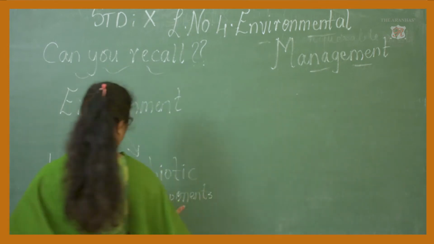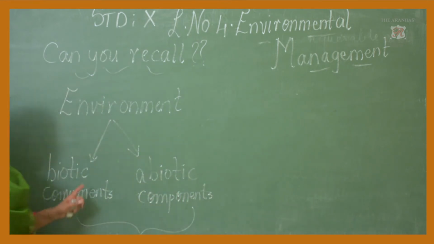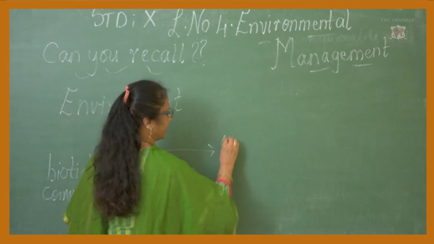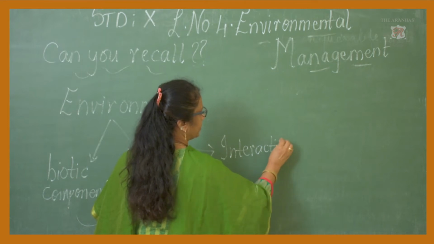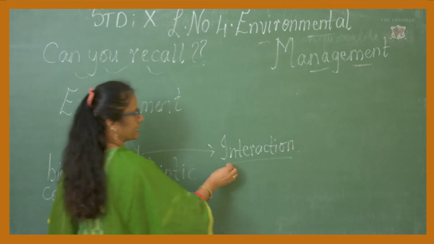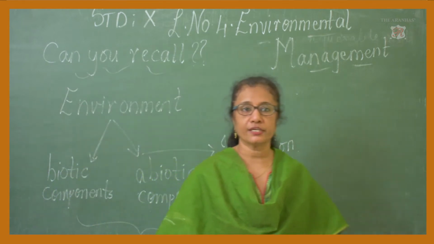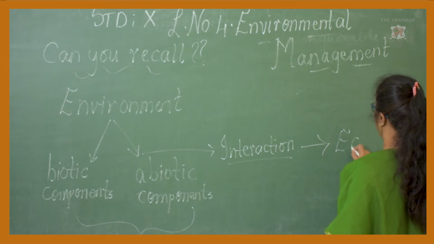So these two components, the biotic component and the abiotic component, are interacting. There is an interaction taking place, and when there is an interaction taking place, what does it form? It forms an ecosystem.